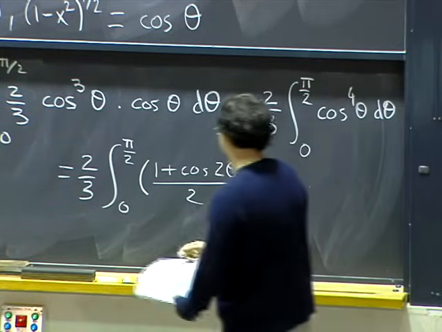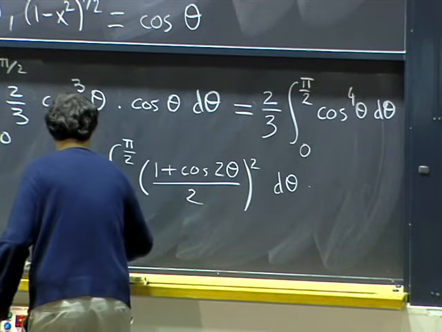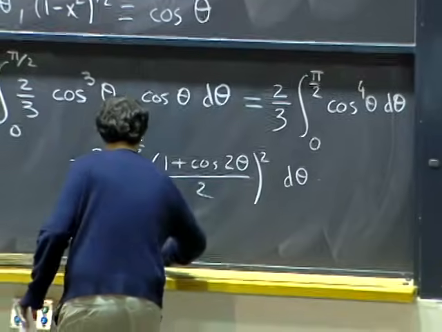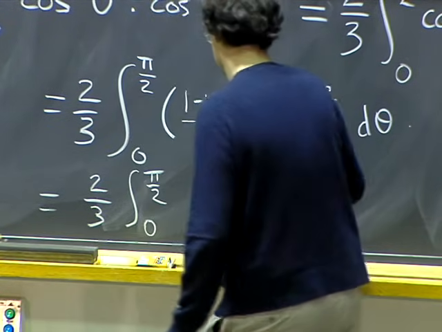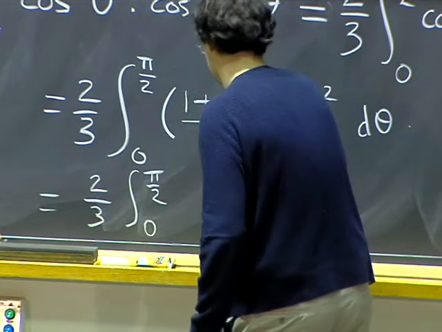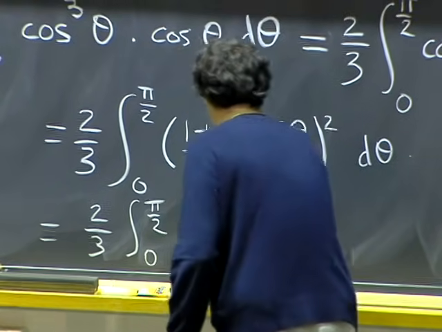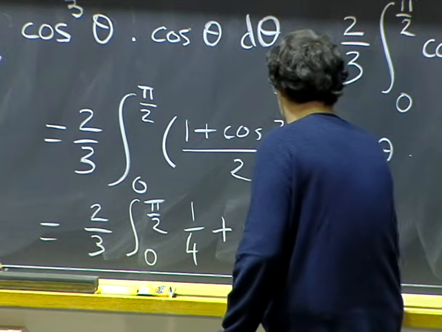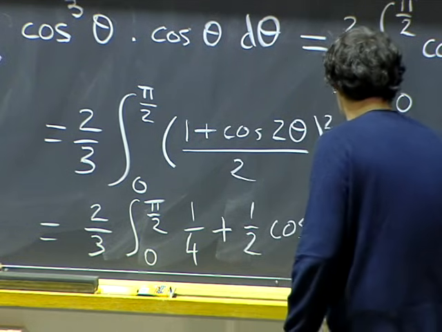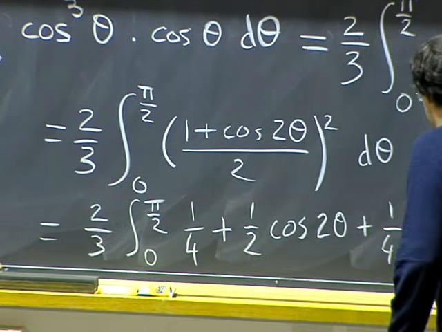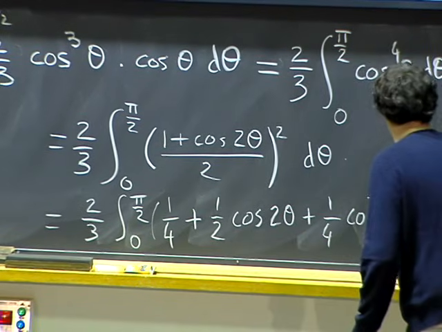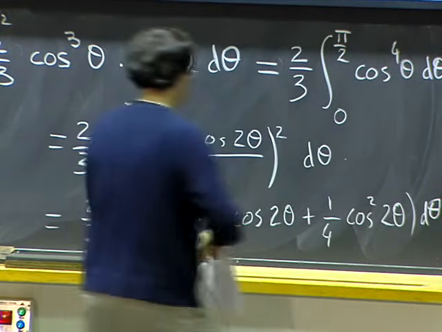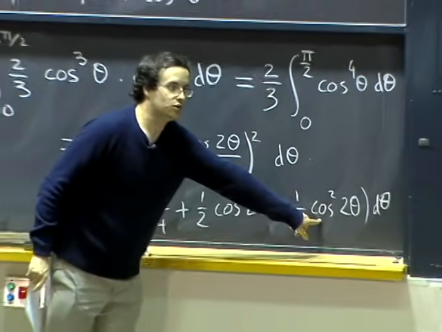And so that will give us 1/4 plus 1/2 cosine 2 theta plus 1/4 cosine squared 2 theta d theta. And how will you handle this guy? Well, using again the double angle formula.